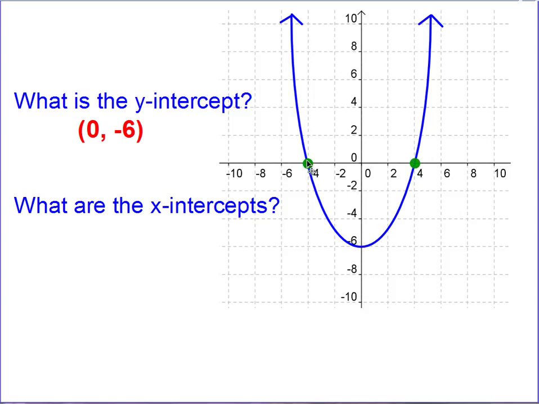We have two x-intercepts, however. We have x-intercepts at -4, 0 and at 4, 0. Just a quick side note, sometimes x-intercepts are called zeros. We'll get into that a little bit later, but if it ever asks for zeros, it's asking for x-intercepts.